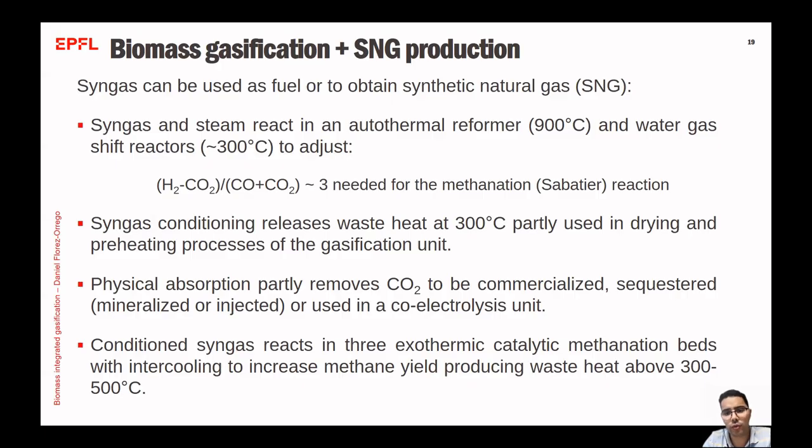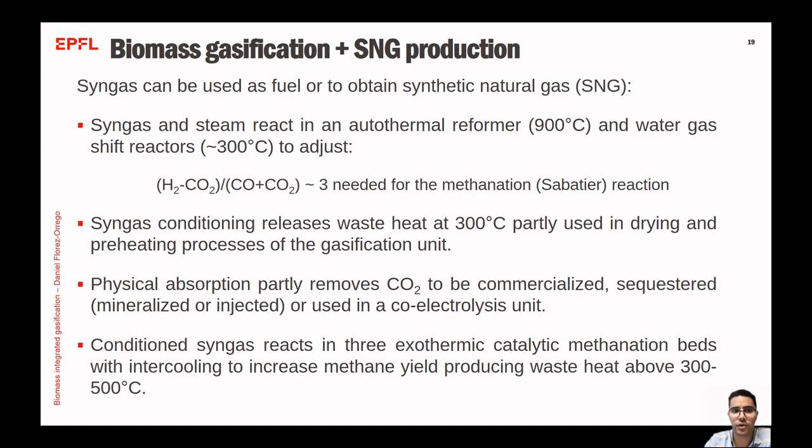These two processes are required to adjust the ratio of hydrogen, carbon monoxide, and carbon dioxide, because we require a ratio that is around 3, needed for the methanation reaction that is also called the Sabatier reaction.